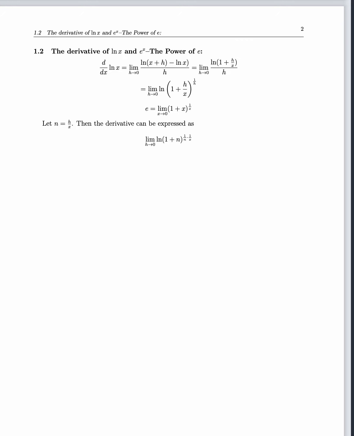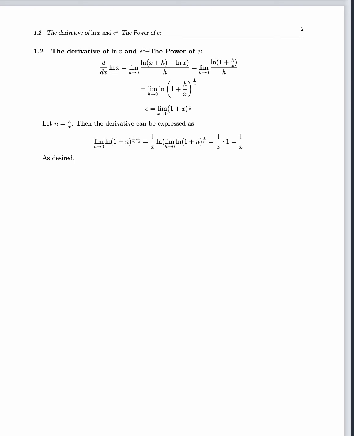Ln of the limit as h approaches 0 of 1 plus m to the 1 over m, which is just equal to 1 over x times 1, which is just 1 over x. So this is how the derivative of ln of x is evaluated.